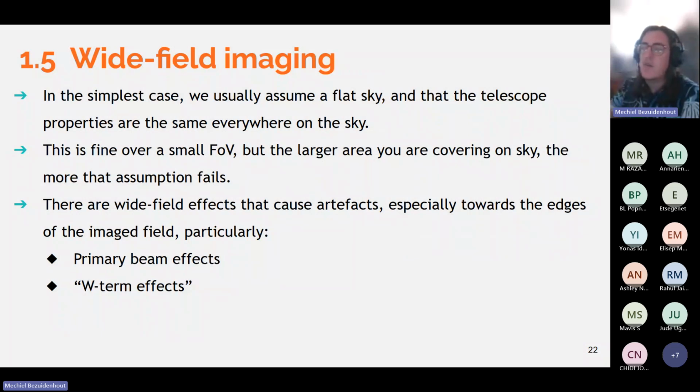But the larger that area gets, the more that assumption fails. And then the more artifacts you get, especially far away from the center of the image towards the edges, where that assumption is less and less true.